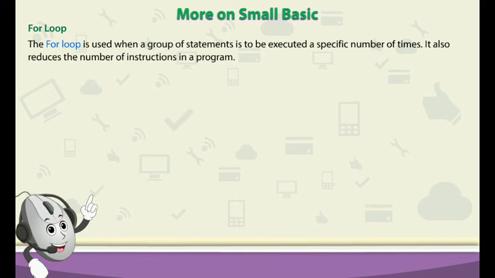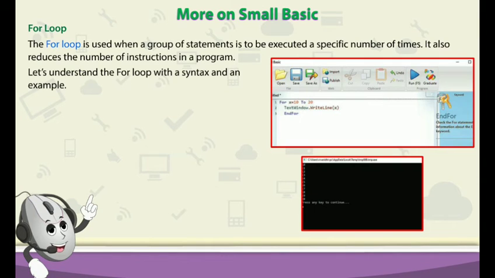For loop. The for loop is used when a group of statements is to be executed a specific number of times. It also reduces the number of instructions in a program. Let's understand with the help of an example. So here we have the syntax: for, afterward we write the control variable, then the initial value to the final value, meaning the starting value to the ending value.